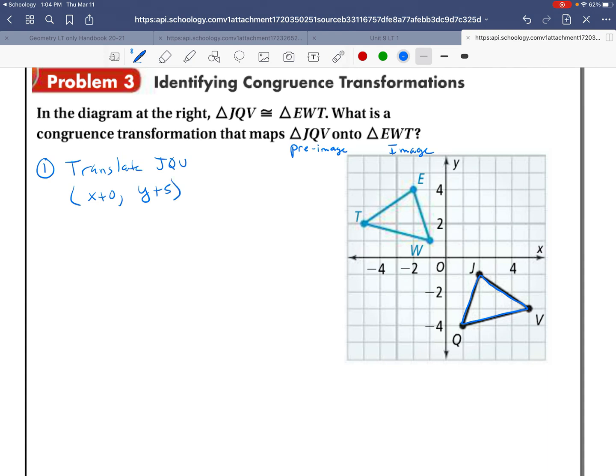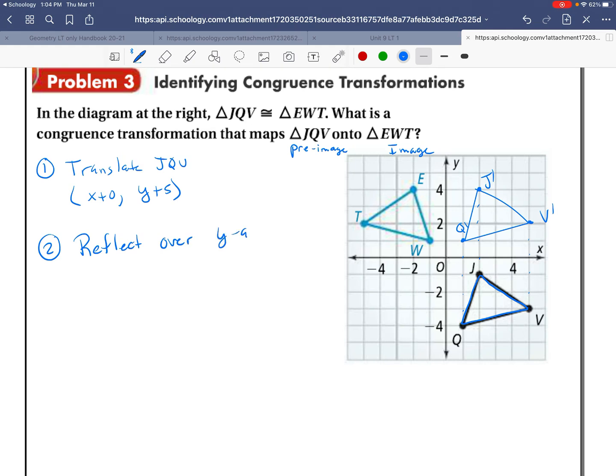And here's why. If I go 1, 2, 3, 4, 5, I get this guy. And it appears as though that one now just needs to be reflected over the y-axis.